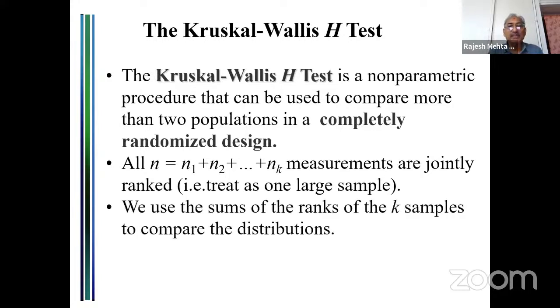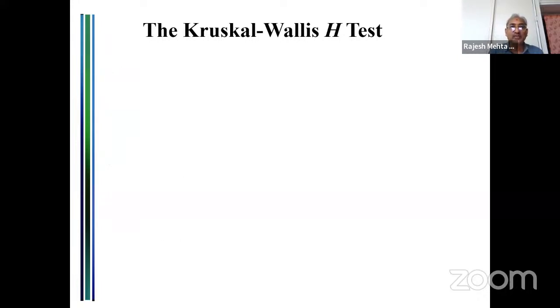We use the sum of the ranks of the k samples. For example, if you have seven samples, seven populations to compare, then you are going to use the ranks. For each sample, you have the sum, and then you try to compare the distribution.